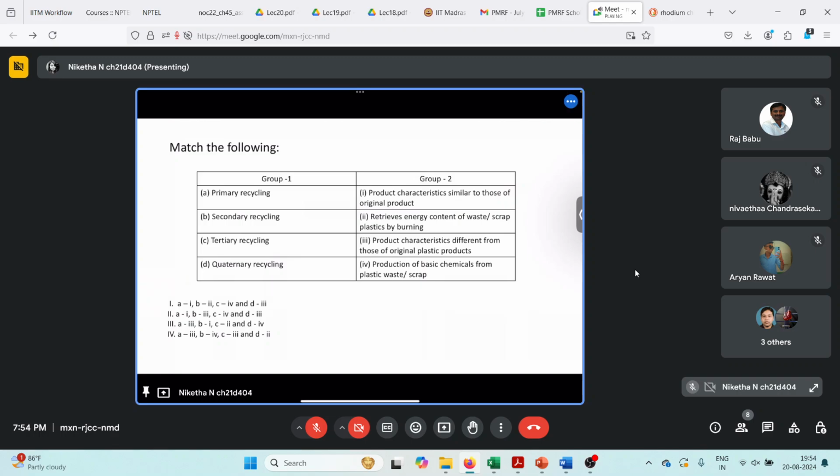Okay, the next question. Can you tell me which is the correct answer? So on the left we have different categories of recycling, and on the right we have the meaning for each of the categories.